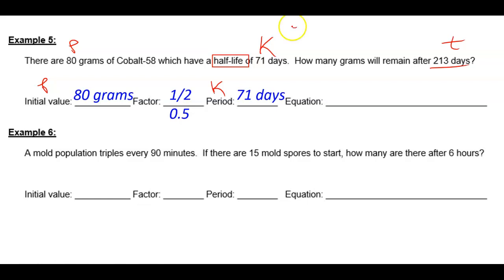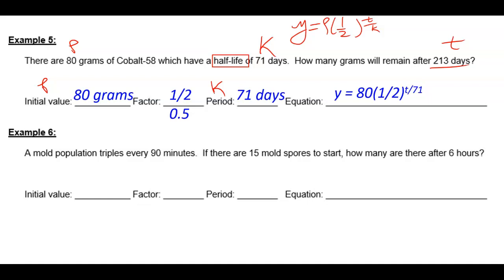All right. So y equals, and remember, our equation for half-life is p times 1/2 to the power of t over k. All right, so write my equation. The p-value is 80. The 1/2 goes in the parentheses. T is on top, and then k on the bottom is 71.